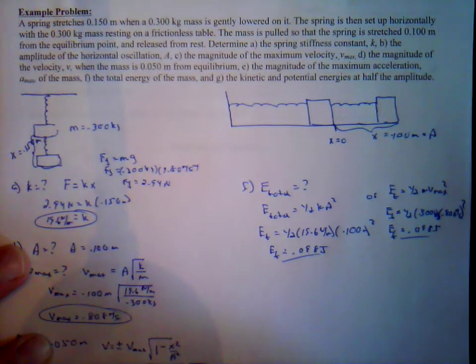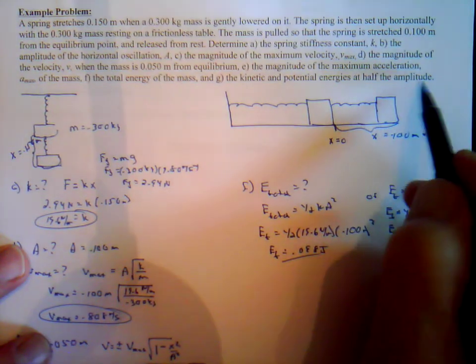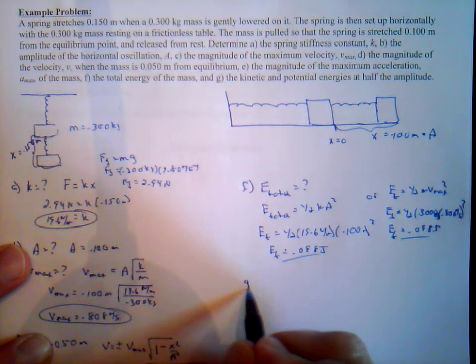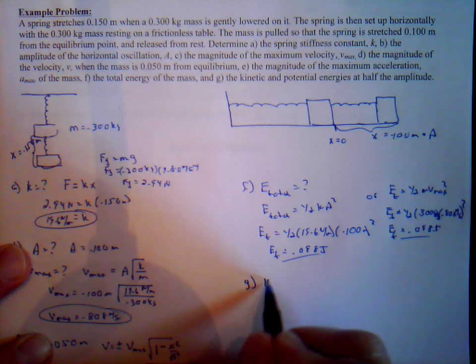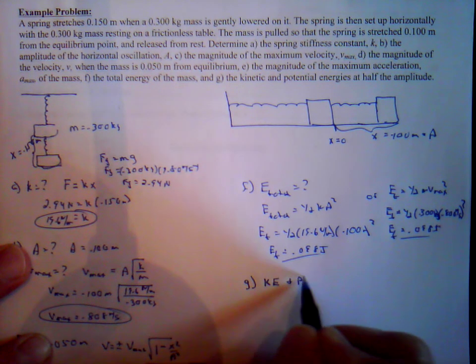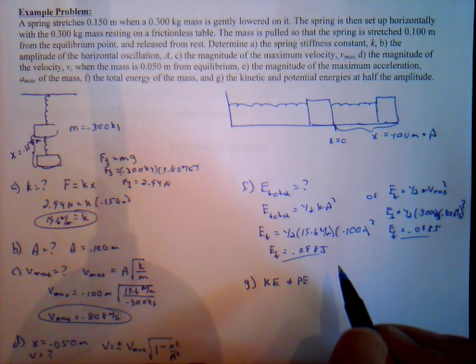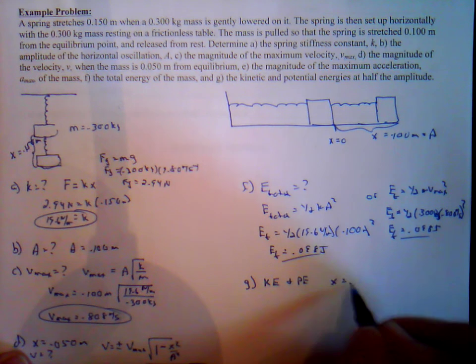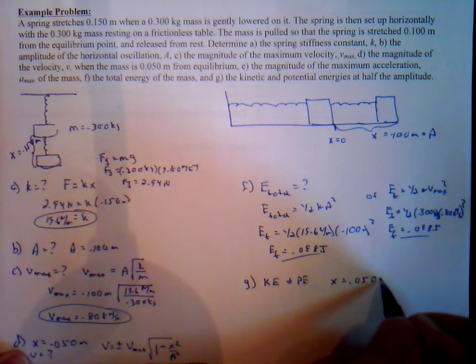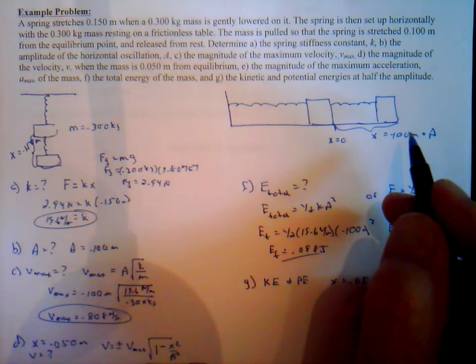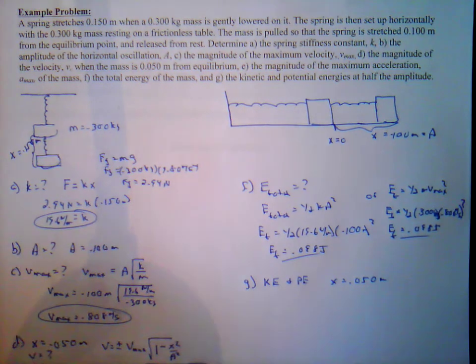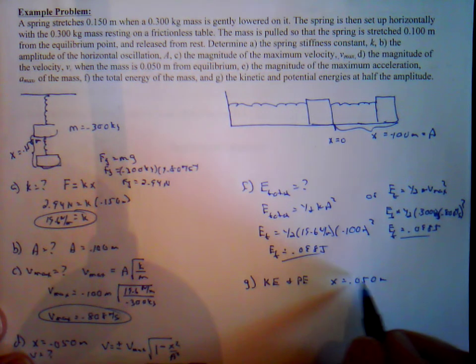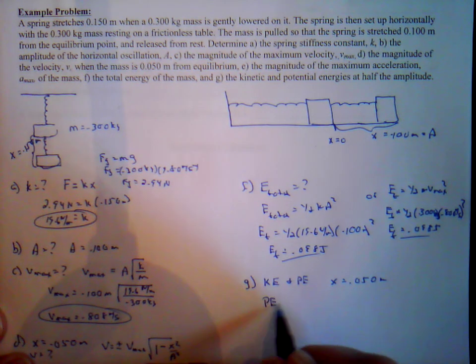And then let's go to G, the kinetic and potential energies at half the amplitude. Half the amplitude is x equals 0.050 meters, this point right here. If we know the displacement, we can get its potential energy.